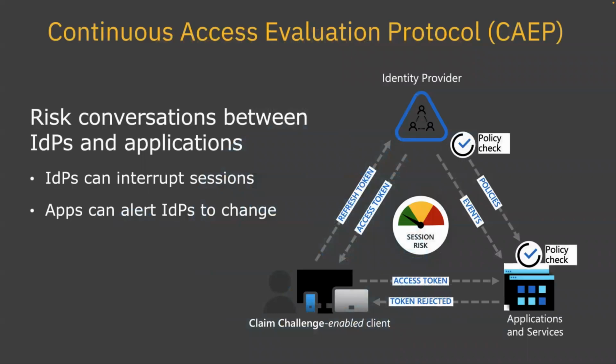Microsoft, of course, released the continuous access evaluation protocol. What this does is it's constantly monitoring users, devices, and apps. And if anything changes, if something doesn't look right, the user will then be re-prompted to re-authenticate. So it doesn't lock the user out, it prompts them to re-authenticate.